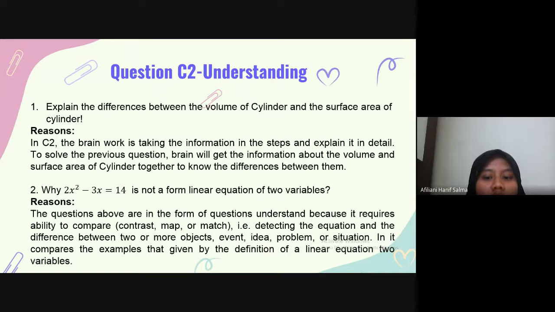Detecting the similarities and the differences between two or more objects, ideas, problems, or situations. In it, compare the example that is given with the definition of a linear equation of one variable.